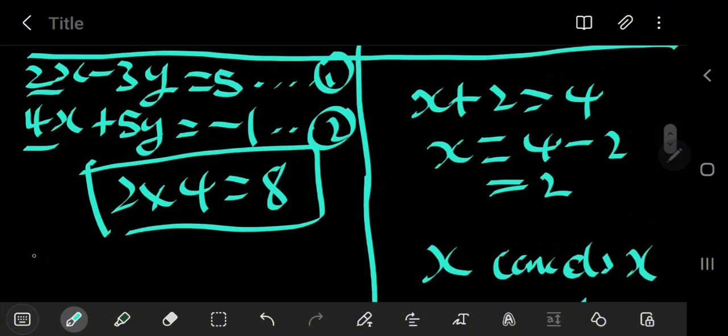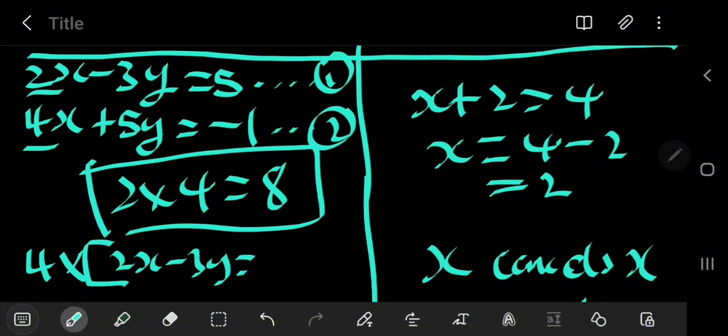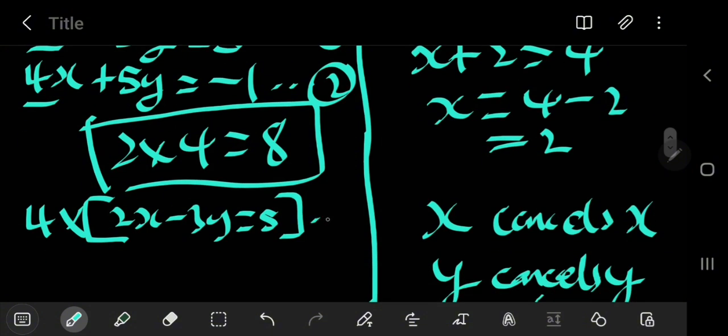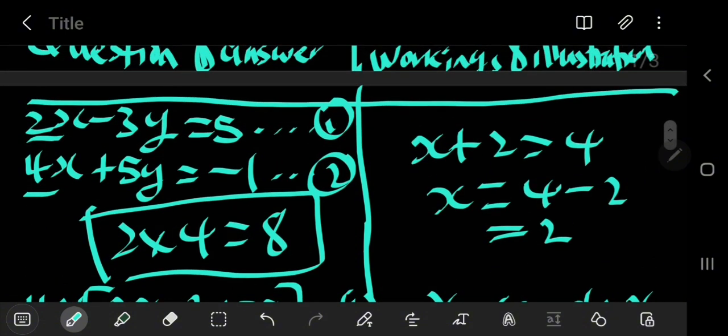So if you multiply the first equation by the coefficient of the second equation, we would have 4 times everything in the first equation. And similarly, we do the same for the second equation. What will we multiply all through?